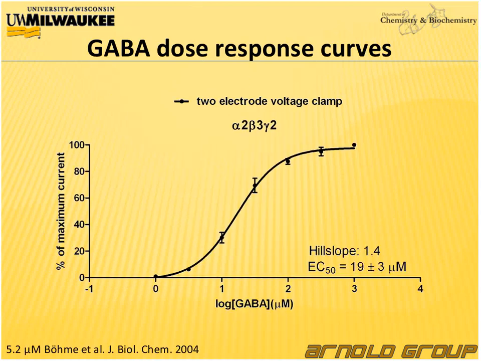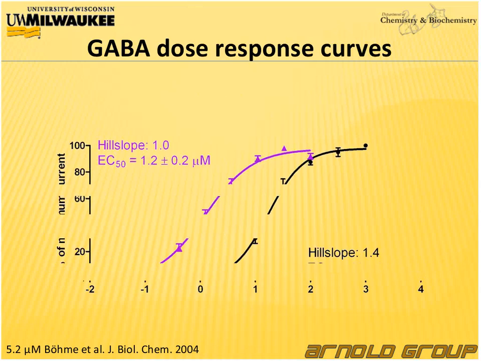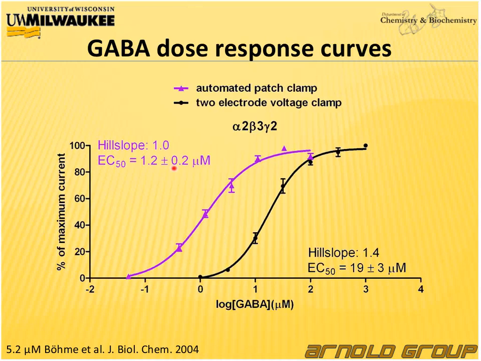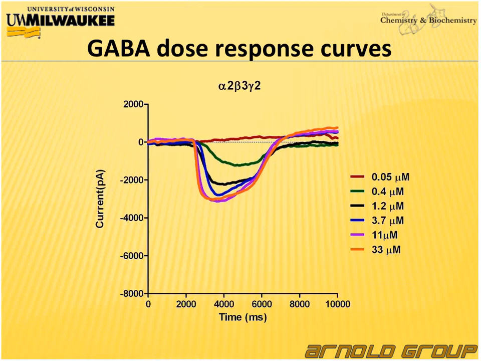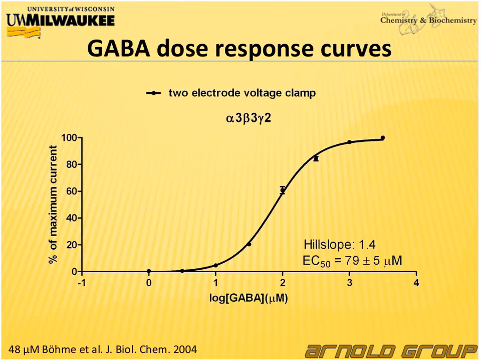For the alpha-2, we find an EC50 for the manual patch clamp around 19 micromolar. In our assay, we find an EC50 of 1.2 micromolar. That's a little bit tighter. And if we look at the sweeps, we see here that in relationship with the alpha-1, we find a smaller response to an increasing amount of GABA, but still we have nice saturation at higher concentration.